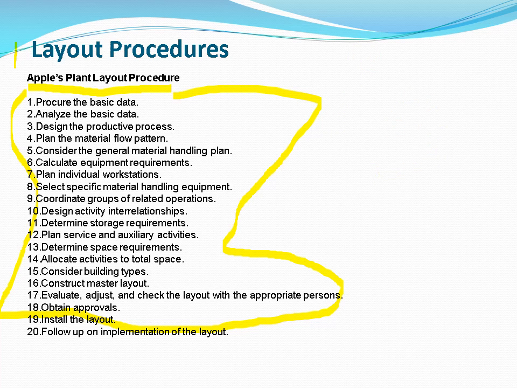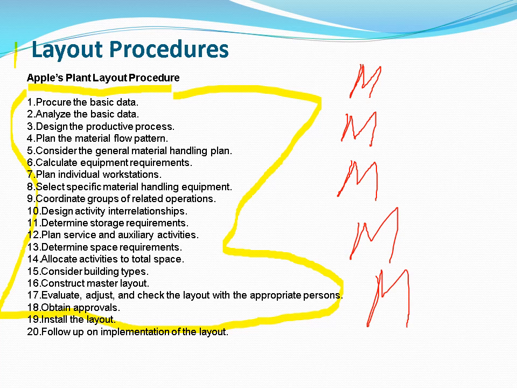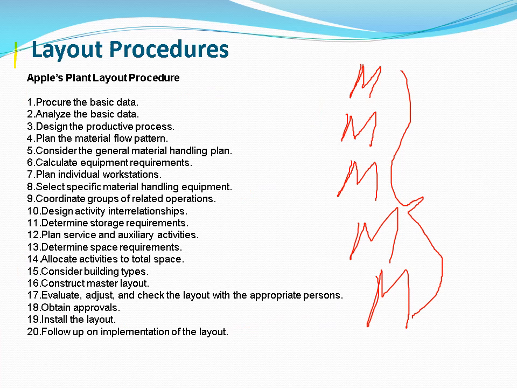So these five M's are your men, material, methods, machineries, and money. So you are going to use these five M's as your inputs so that you can basically create a plant layout.